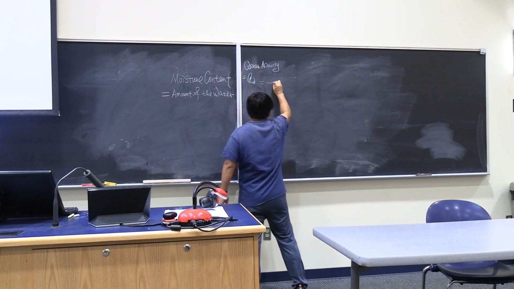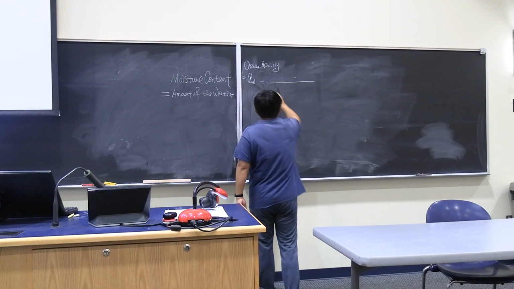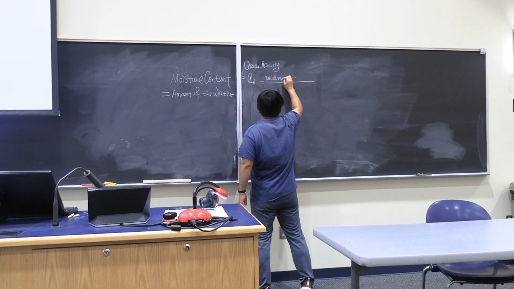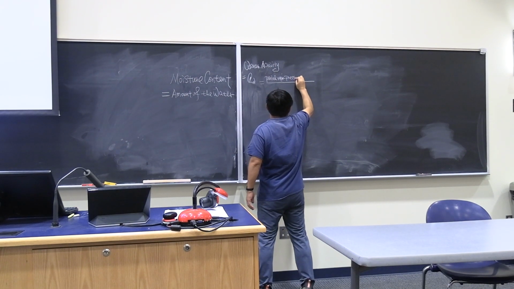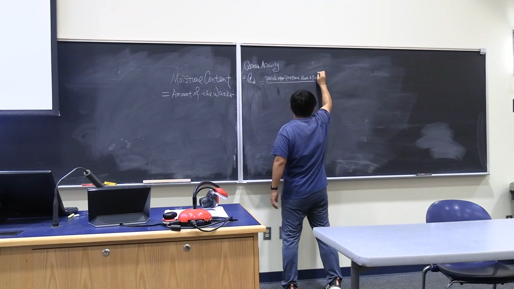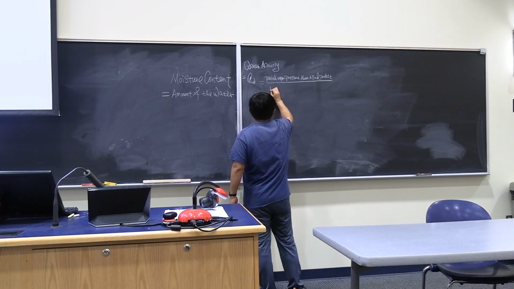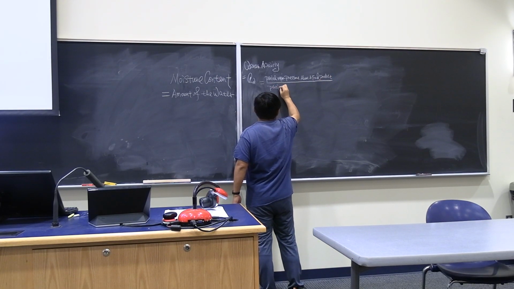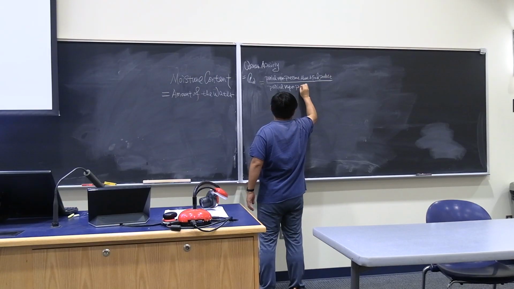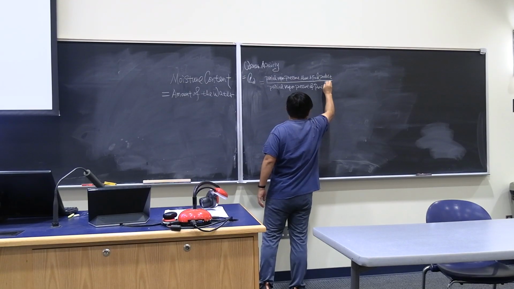This equals, it is a ratio value, the partial vapor pressure above a food product divided by the partial vapor pressure of pure water.